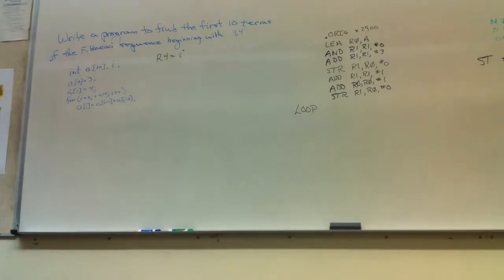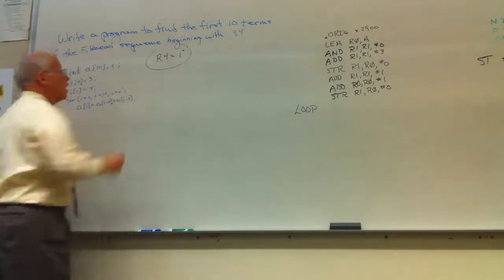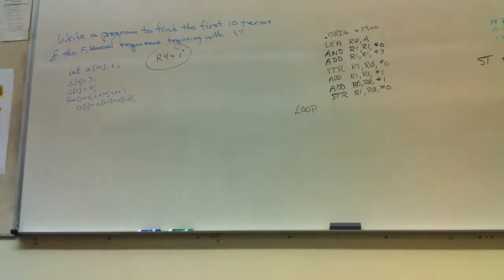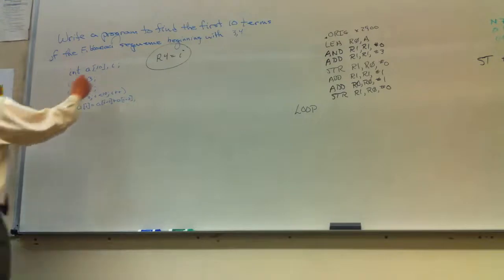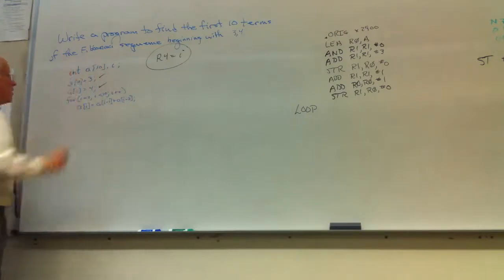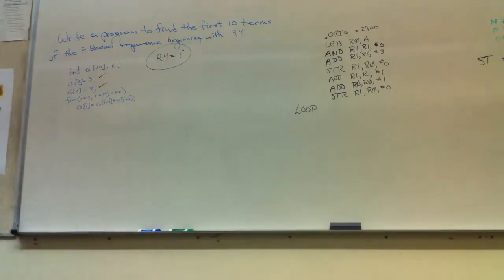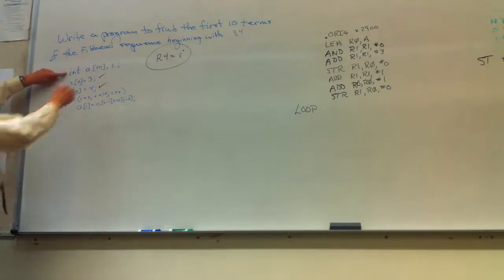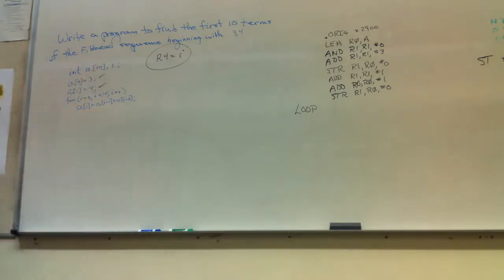Begin our loop. Well, I haven't set up my loop counter yet. What I have done is these two. I actually showed how this was going to be done, but I just erased it because it's got to come a little farther on.